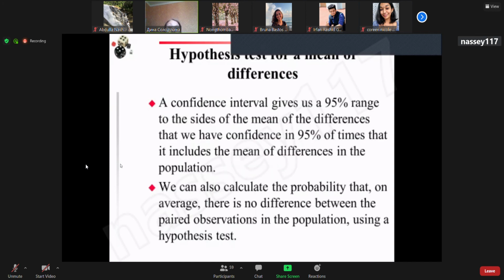A hypothesis test for a mean of the differences gives us, first of all, a confidence interval, which will be a 95% range to the sides of the mean of the differences, that we are confident includes the true difference 95% of times. Then we calculate the probability that there is no difference between the paired observations in the population.